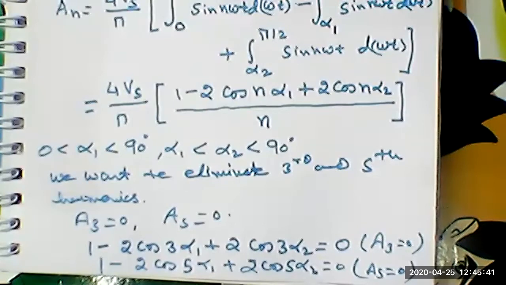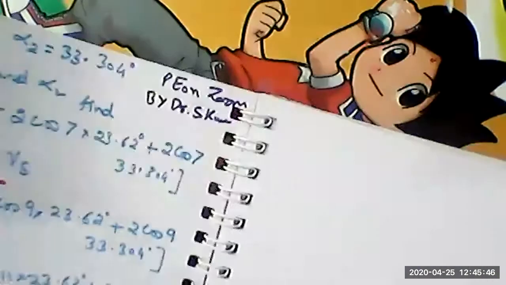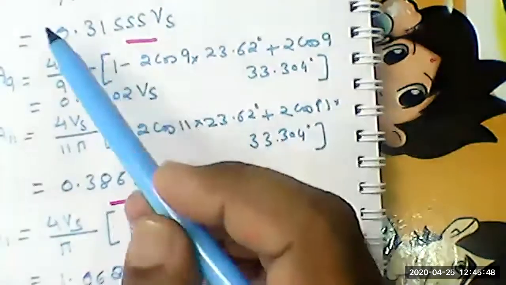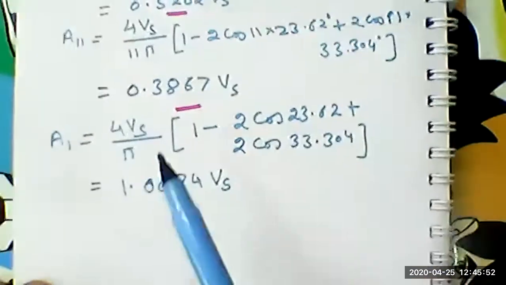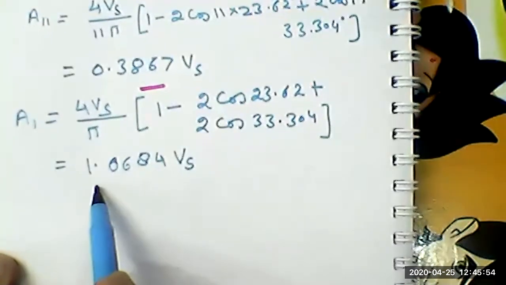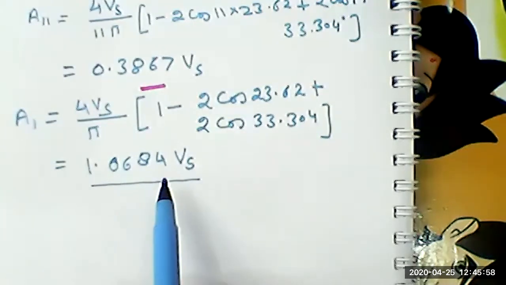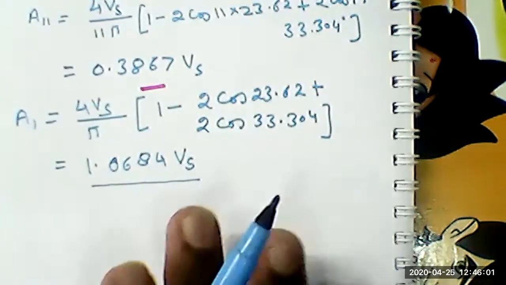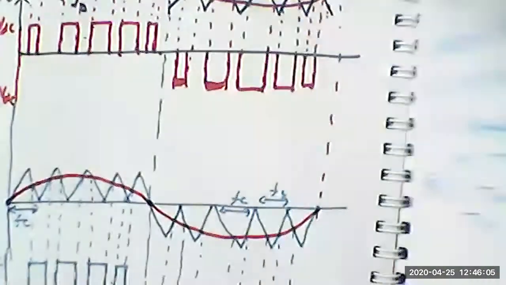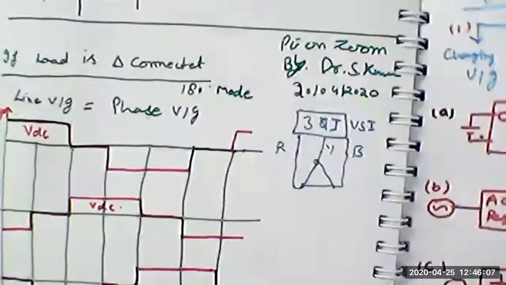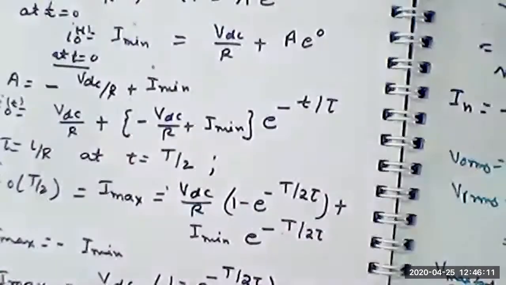The third and fifth harmonics would not be there, and harmonics will start from the 7th, then 9th and 11th, and the fundamental component would have the value 1.0684 Vs. Just compare with the step wave inverter. You all are having your notes. Just compare this with your step wave inverter.